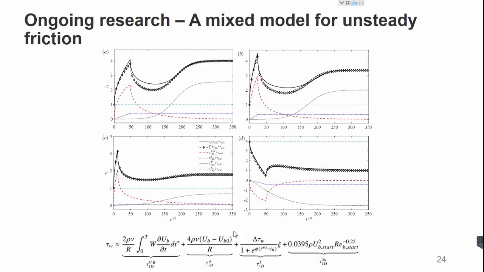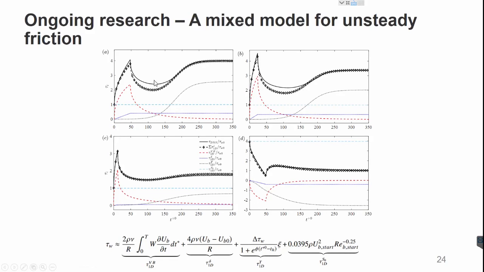After applying this equation, in these plots we can see the results. The black continuous line is the DNS data, so the wall shear stress computed by using DNS simulations. And the diamonds are the results from this model.